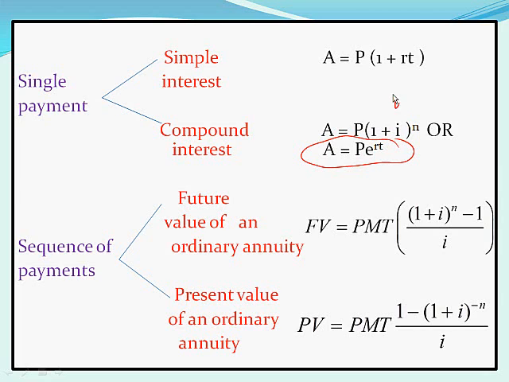Notice that i here is always the annual rate divided by the number of interest conversions per year, i equals r over m. What is n? n is equal to m multiplied by the number of years. We are making a sequence of payments. The future value of an ordinary annuity is calculated using this formula. The present value of an ordinary annuity is given by payment times (1 minus (1 plus i) to the power negative n) over i.